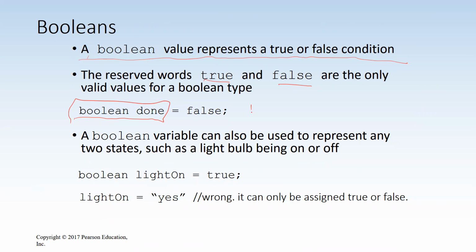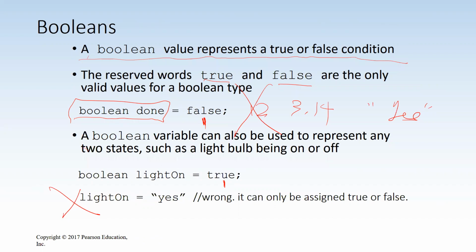You cannot assign 12 or 3.14 or yes to it. Those are all wrong. The only value you can assign is true or false. Okay, and this is wrong. Any questions?